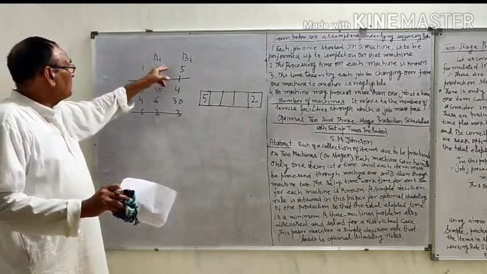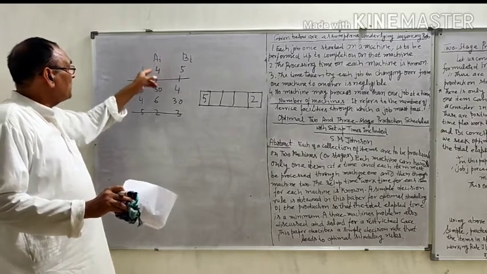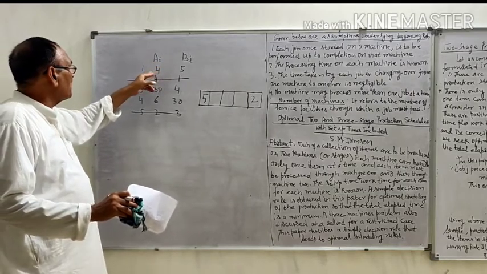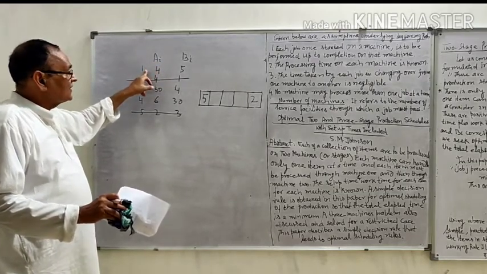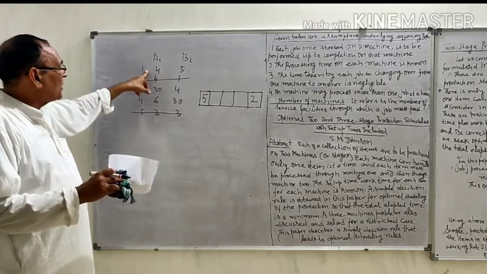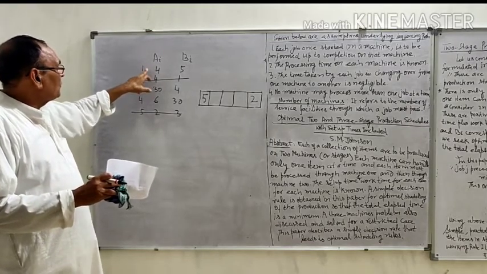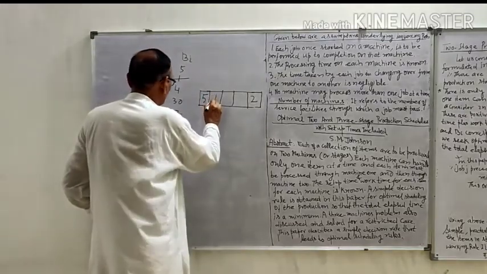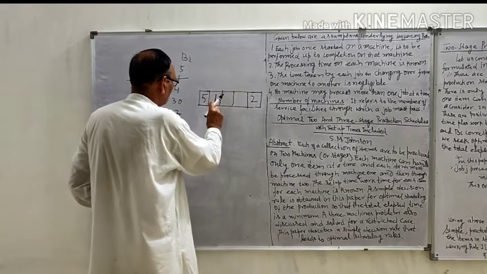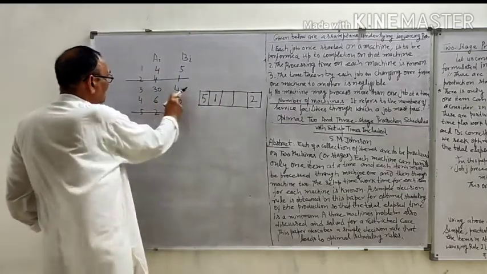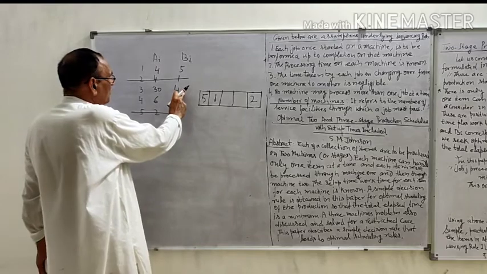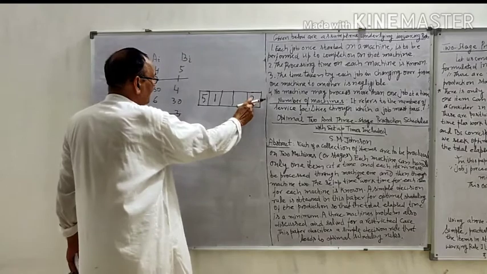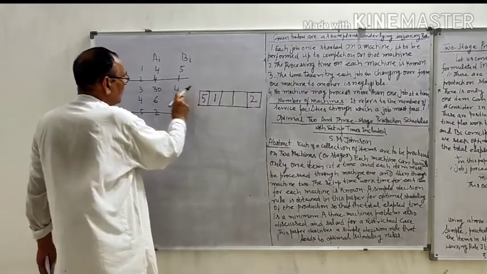This job's processing time is minimum and it is for machine A. That is why it should be placed in the first place or column available in the table. So the first column available in the table is this one, but it is occurring for machine B. So it should go in the last cell available. Last cell does not mean this. Last cell is now this one.